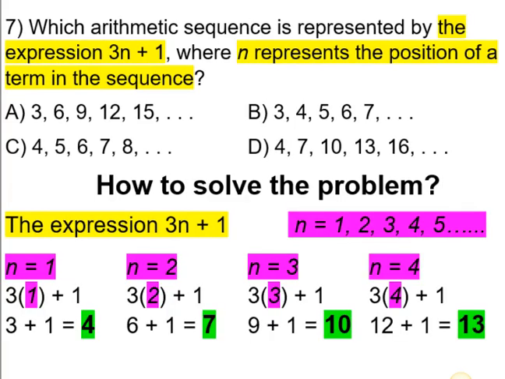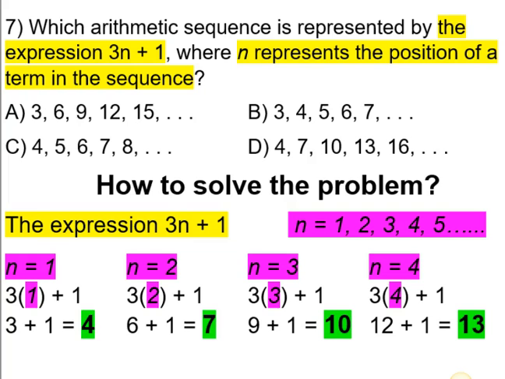How to solve the problem? Well, in order to solve this problem, what we would need to do is substitute in the value of each position of the term for n. So n is equal to 1. We substituted in the value of 1. 3 times 1 plus 1 is equal to 4.